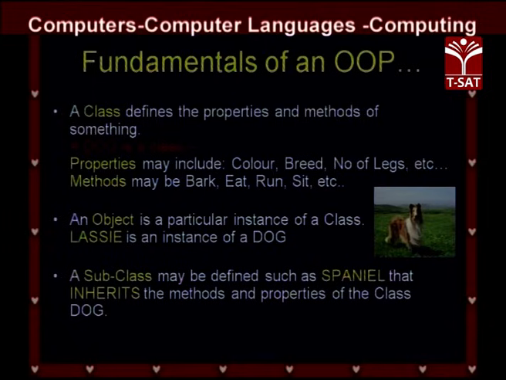So what are the properties? Properties are nothing but methods or variables. Methods can also be called functions. So functions and variables together are called the properties of a particular object.